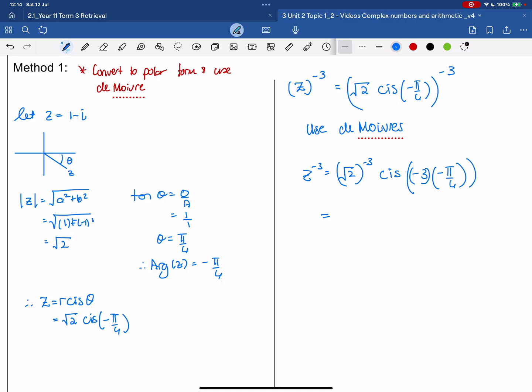And square root of 2 to the power of negative 3 is just going to be 1 over 2 root 2, because it's root 2 times root 2 times root 2, and root 2 times root 2 is 2. And that's cis of 3 pi on 4. We need to look and see, is this in our domain? 3 pi on 4, yes it is, so that's all good.